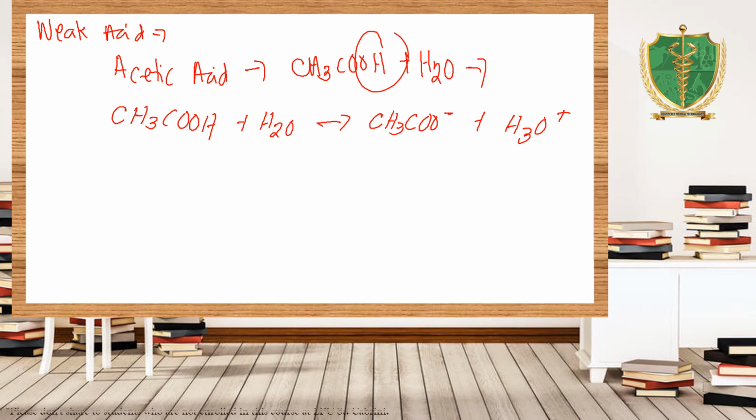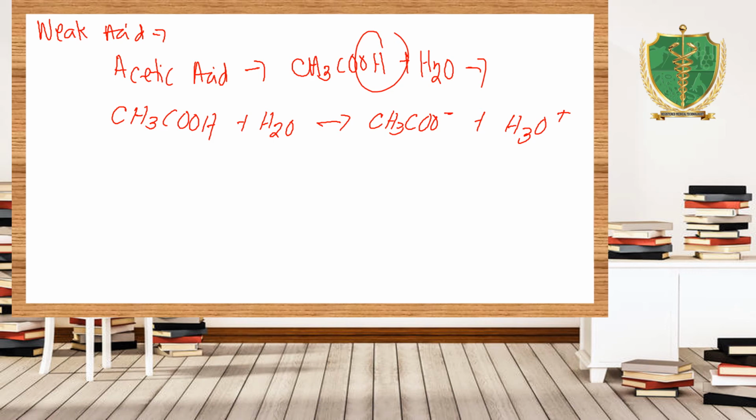Because the correct way of defining a strong acid is if you can give all the hydrogen that you have, then you are strong. Kaya mong ilusot, matatag ka, strong ka. But if you have something and you cannot lose everything completely, then you are weak.